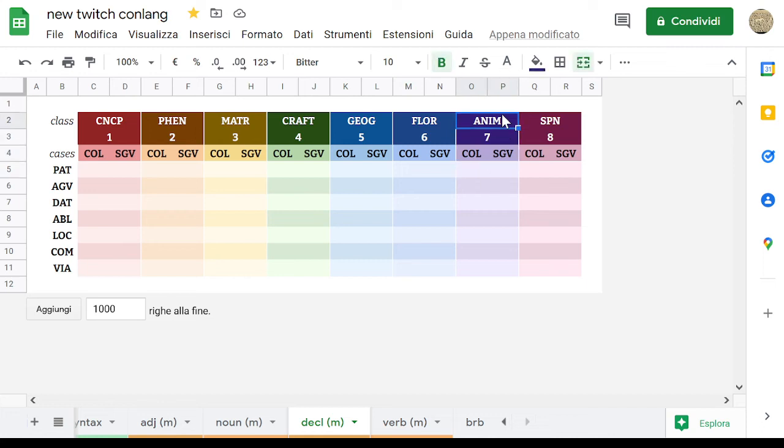But do I need separate pronouns to refer to animals versus referring to humans? That's something I need to do some more tests on. But in any case, I have these different 8 to 9 noun classes, and I wanted to differentiate the noun classes by maybe a combination of vowel and consonant.